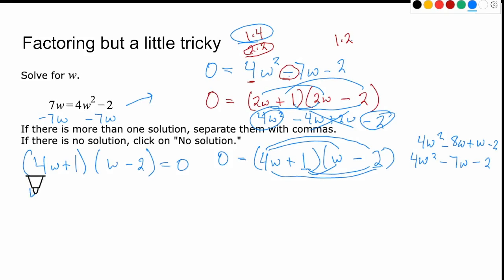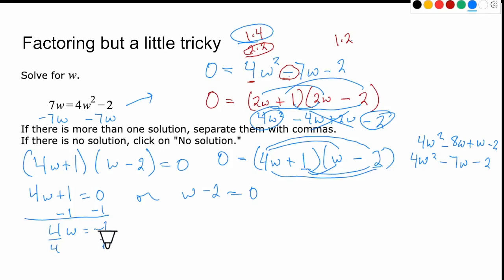So again, we separate this. It's going to be 4w plus 1 equals 0, or w minus 2 equals 0. We solve for the variable, so subtract 1 here, 4w equals negative 1, and then we divide by 4. So we get one answer of w equals negative 1/4.